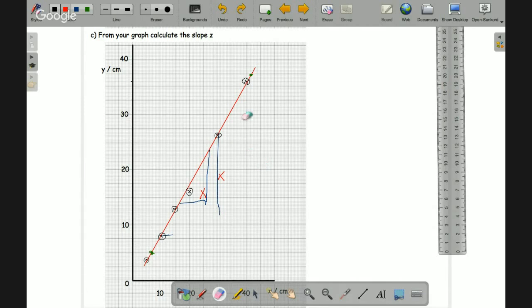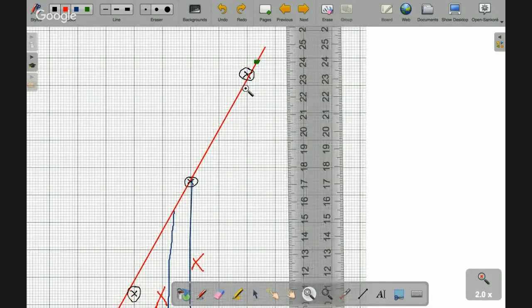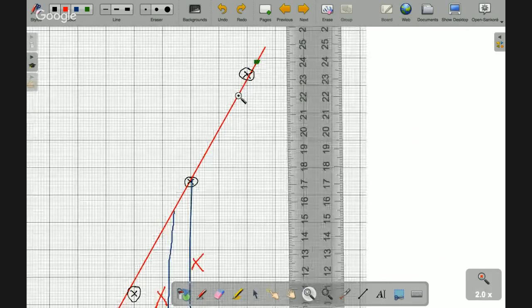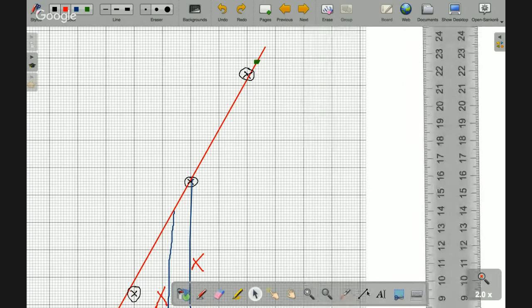Okay, for convenience tonight, let's see. I want to use, let me zoom it a bit. I'm using this point here.